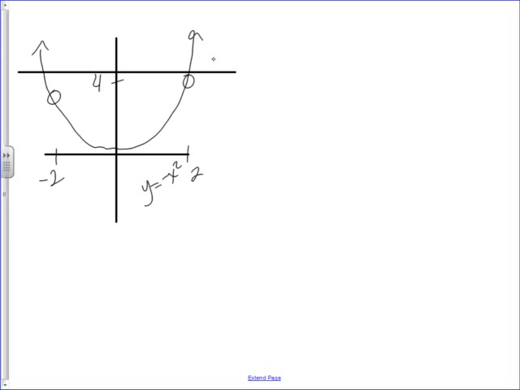Even though it's a function, because y equals x squared is surely a function, it does not have an inverse, because when you ask yourself, the output is 4, or my y value is 4, what is my original domain value? You get 2 answers. You cannot get 2 answers. All right?